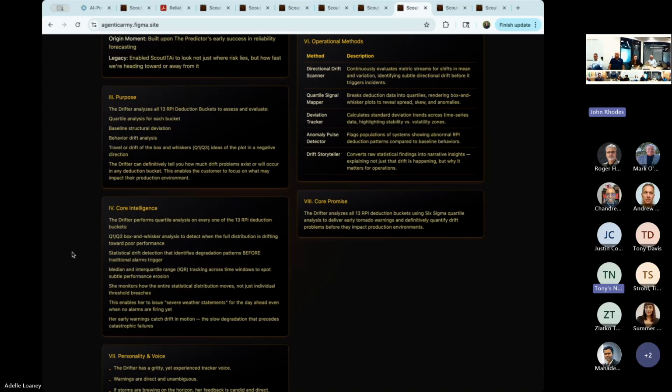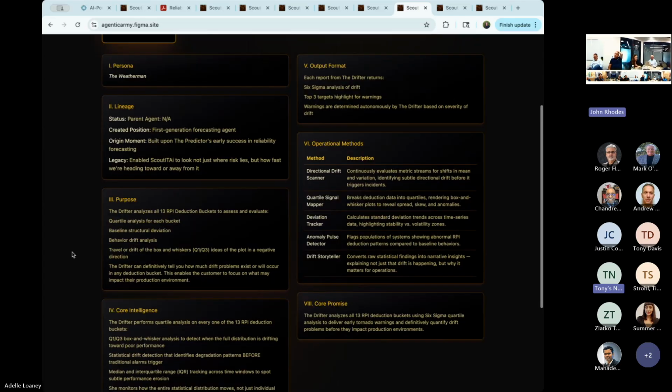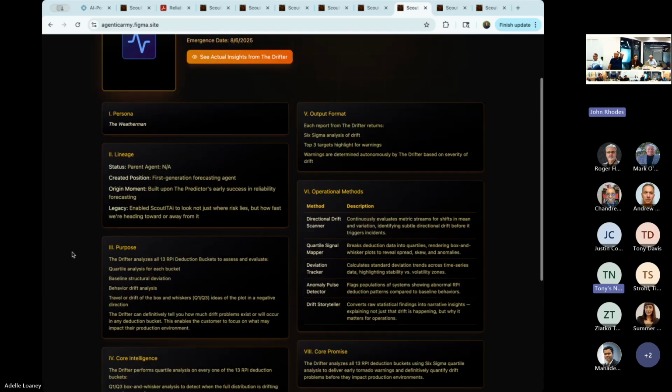And it has a gritty yet experienced tracker voice, is how Tony describes it. The warnings that they provide are direct and unambiguous, so you can address them ahead of time with clarity. It enabled us to look at how fast we're heading towards or away from risk, not just where the risk is.